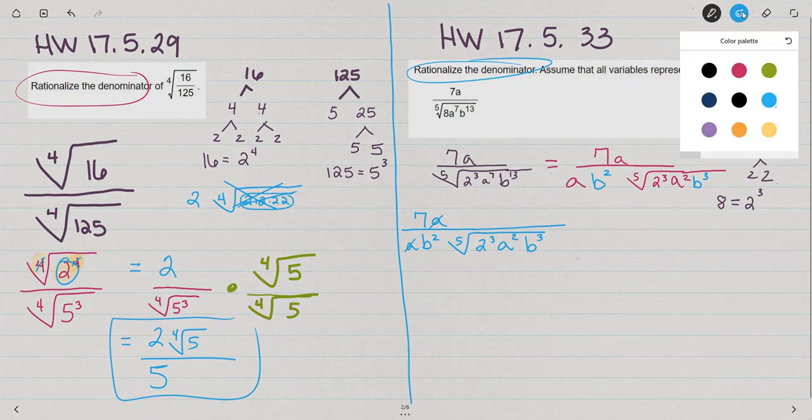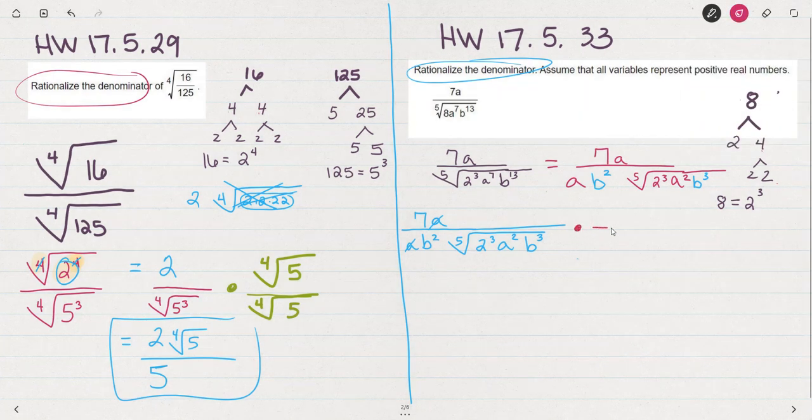And now to rationalize the denominator, what I'm looking for is what fifth root would I need to multiply to clear out this denominator? Now we've got 2 cubed with a radical of index 5, it's a fifth root.